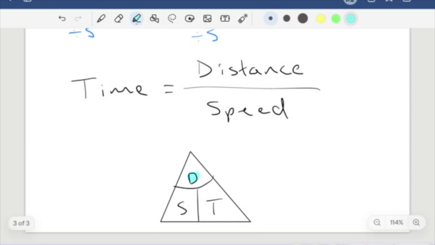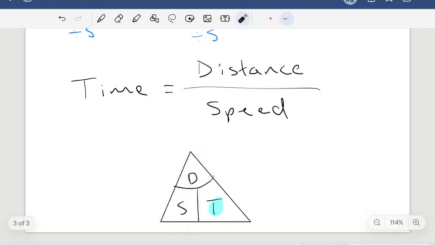So two operations are being done here. Another way to think about this is that speed is this distance, and you can see from this picture it is over the time. So speed equals distance divided by time. And we can also say that the time here is equal to the distance on top over the speed.